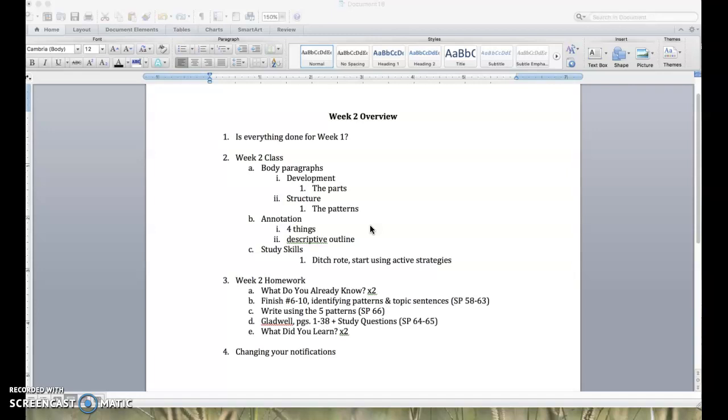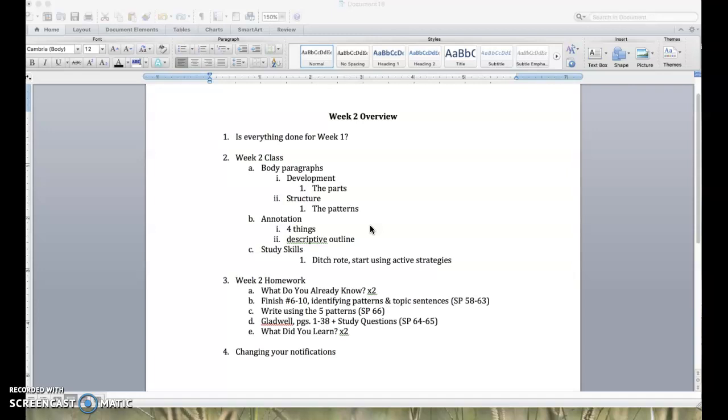Does it develop a key point? Is it an example of something? All of those things are things you can add to your annotation. I don't expect you to do that all the time, but I do expect you to start to become more aware of what each paragraph is contributing to the overall argument or the overall chapter that you're reading.